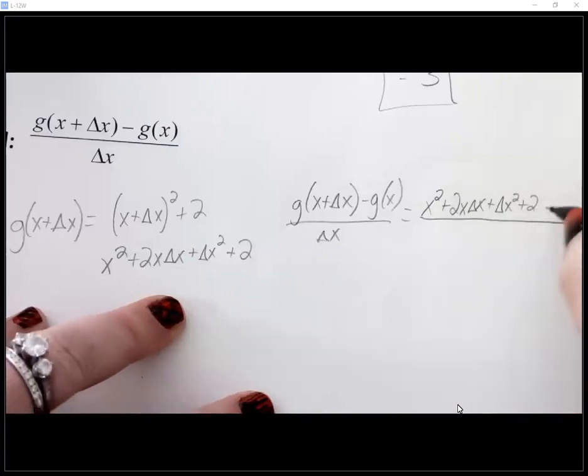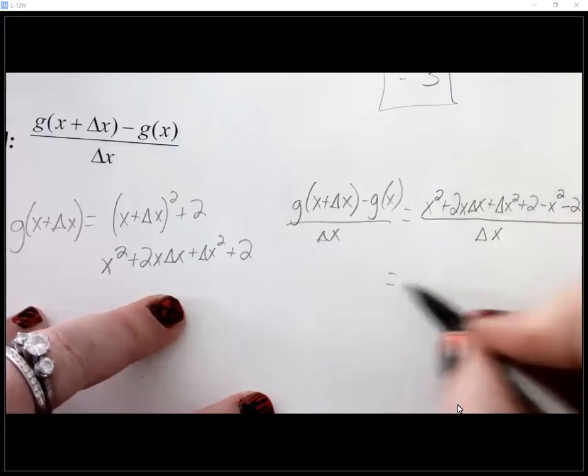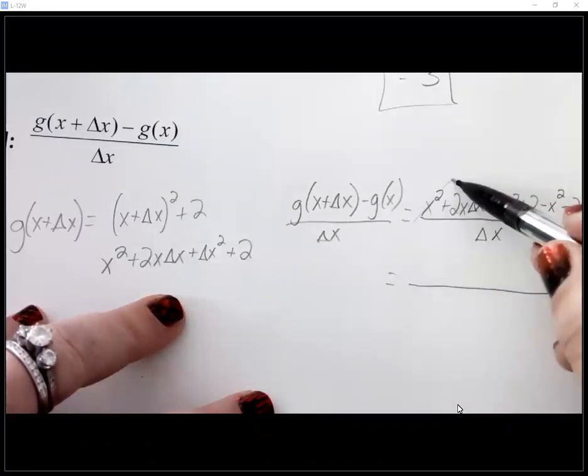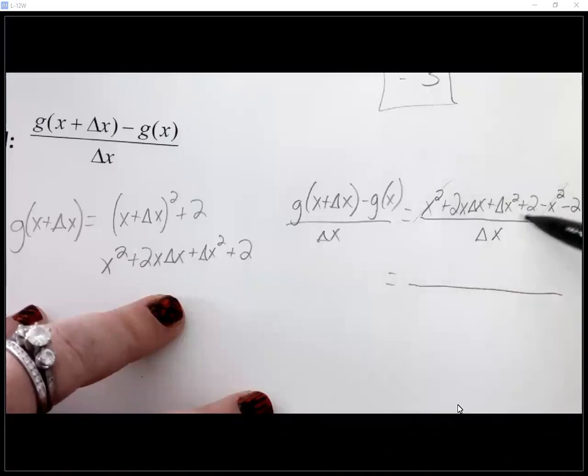Again, make sure you're subtracting all of the g of x functions. So you should have a minus x squared and a minus 2 once you do that part out. Okay, do we get lucky again and having a whole bunch of things cancel? Some things. X squareds go, positive 2, negative 2 go.